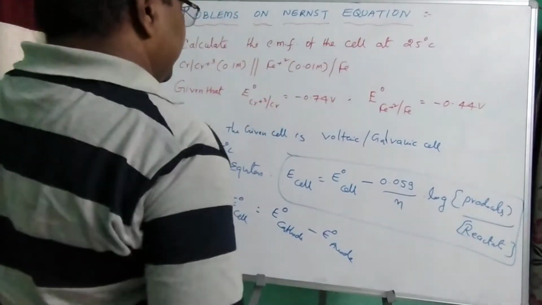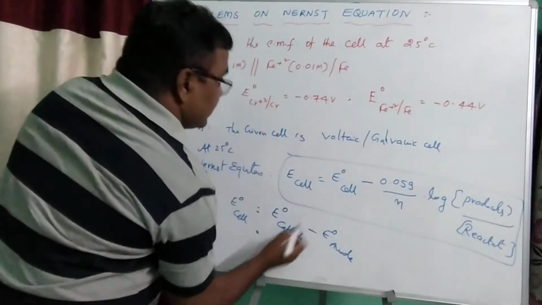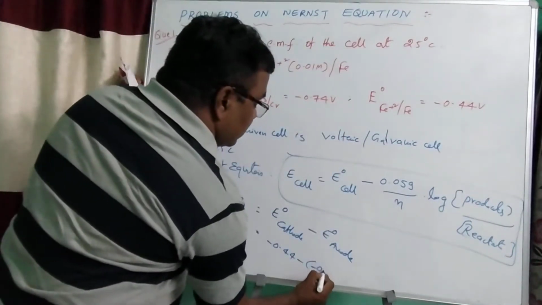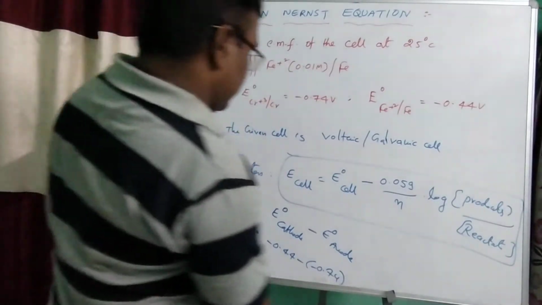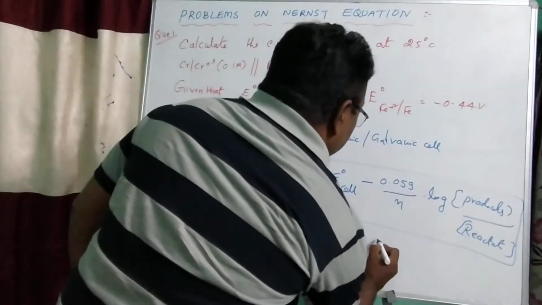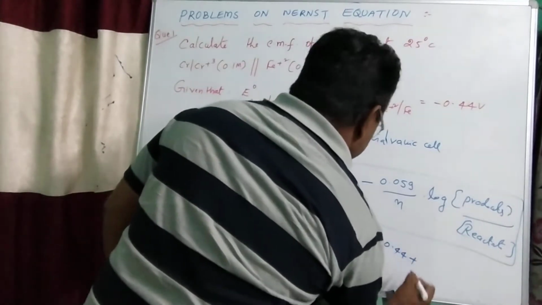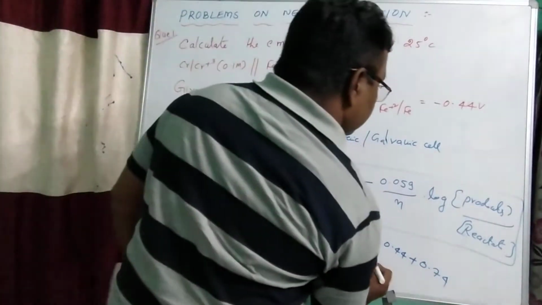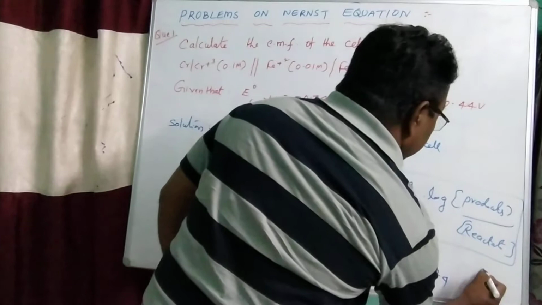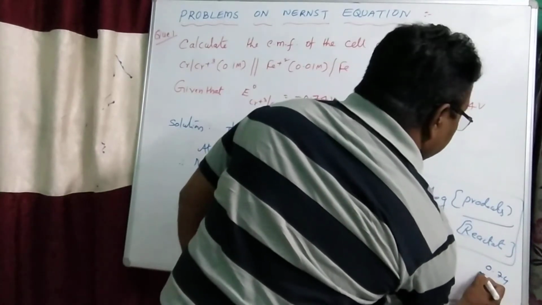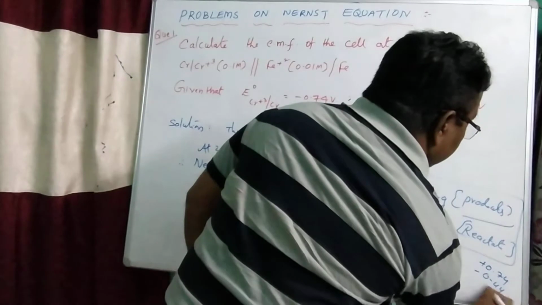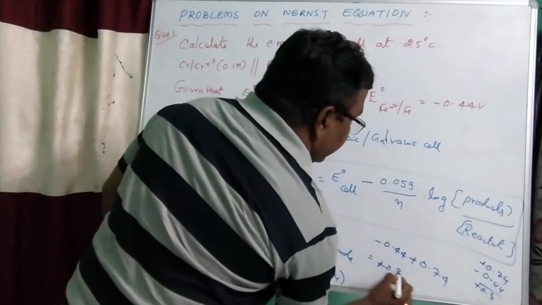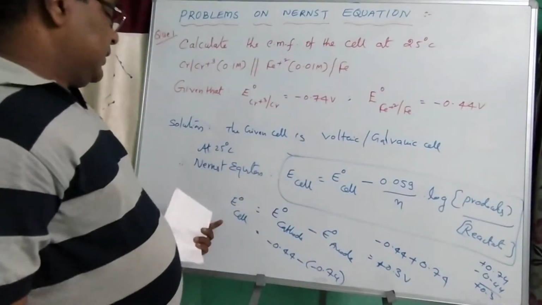Generally the cathode is the major value, that is minus 0.44 minus minus 0.74, that is minus 0.44 plus 0.74, that is equal to plus 0.74 minus 0.44, that is equal to plus 0.3 volts. This is E0 cell.